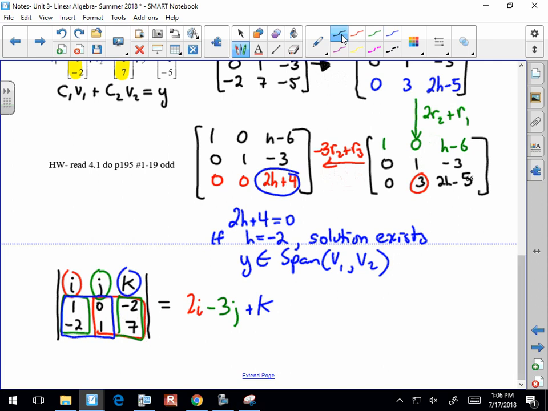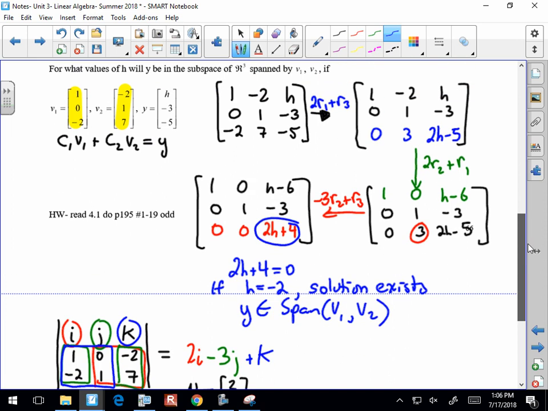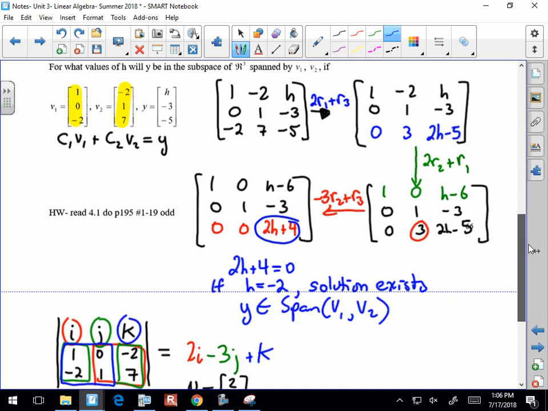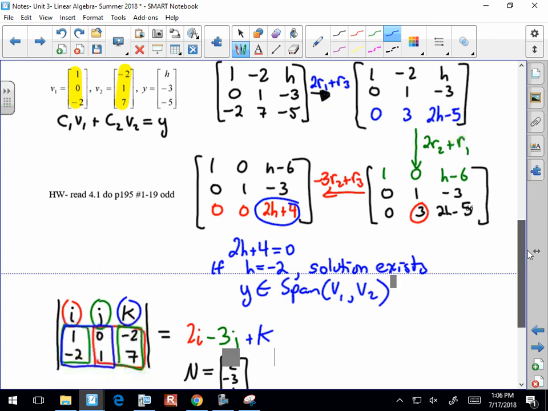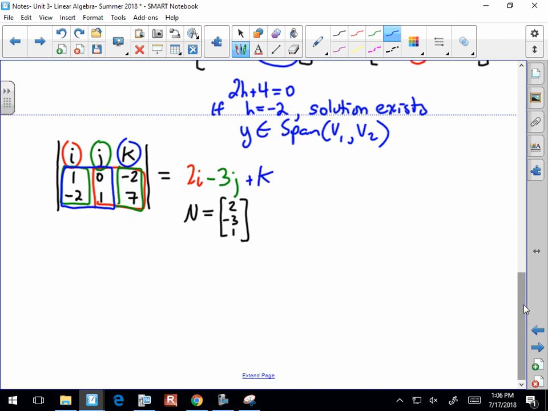So this would be the normal vector. In order to have a subspace, it has to have the 0 vector, so you can assume zero, zero, zero.